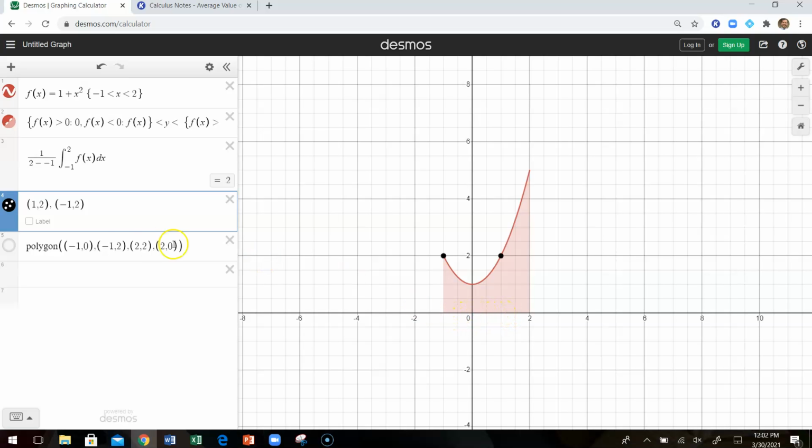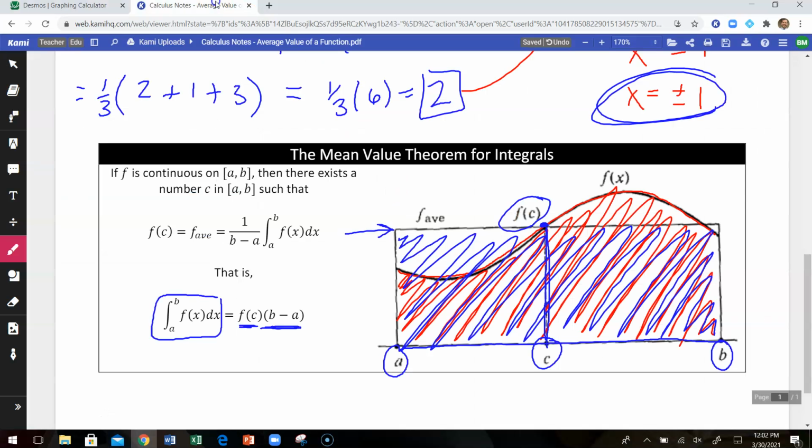So if I were to draw a rectangle from negative 1 to 2 that had a height of 2, that is my average value, this rectangle would have the exact same area as the area underneath that curve from negative 1 to 2, both of those values being 6. So that's what we're finding when we're using the mean value theorem for integrals. We're finding that rectangle that would give us the exact same area as the area under the curve.